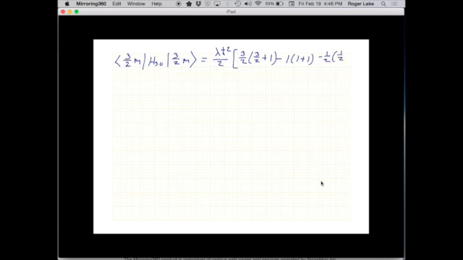So for 3/2 m H SO 3/2 m, it is lambda h bar squared over 2 times 3/2 times 3/2 plus 1, minus 1 times 1 plus 1, minus 1/2 times 1/2 plus 1. Right, that's my J squared minus L squared minus S squared.